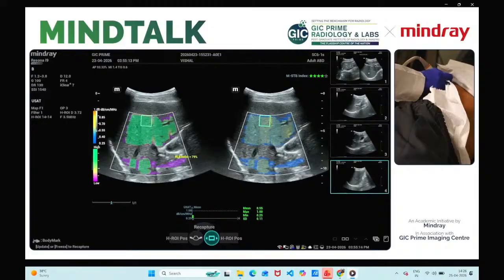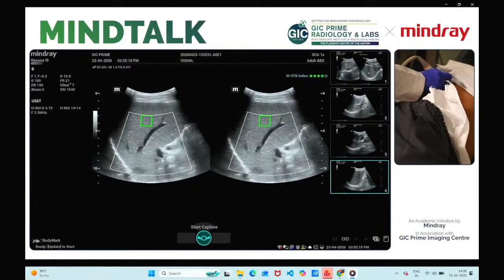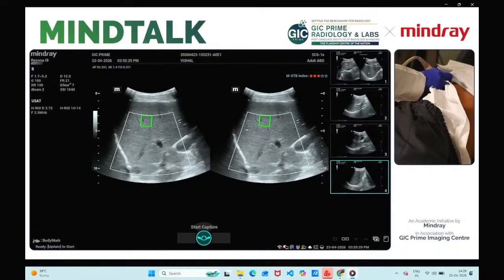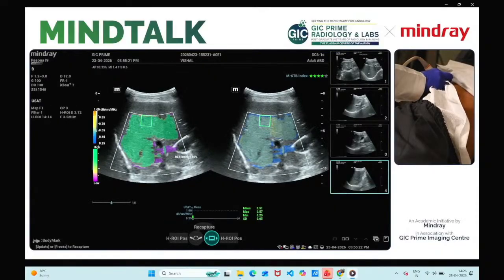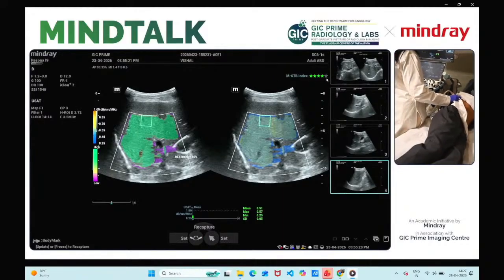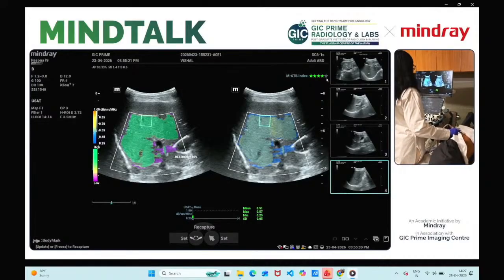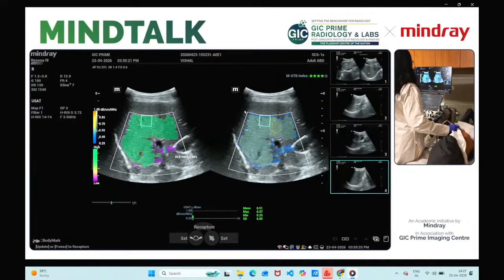Here I am taking measurements because the motion stability index shows 4-star and the reliability index is also good. Here we can see that the mean value is coming as 0.51. Reliability index is also good and motion stability index shows 4-star, which suggests good imaging and accurate findings.